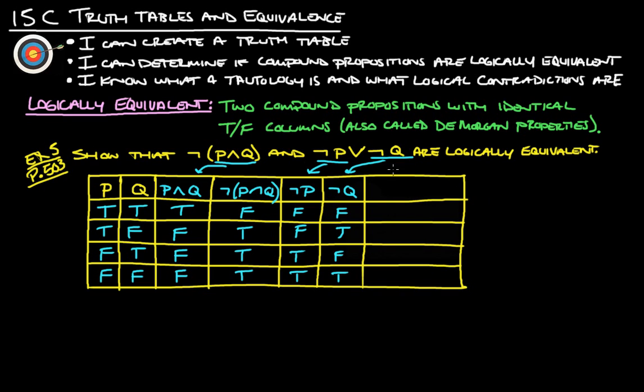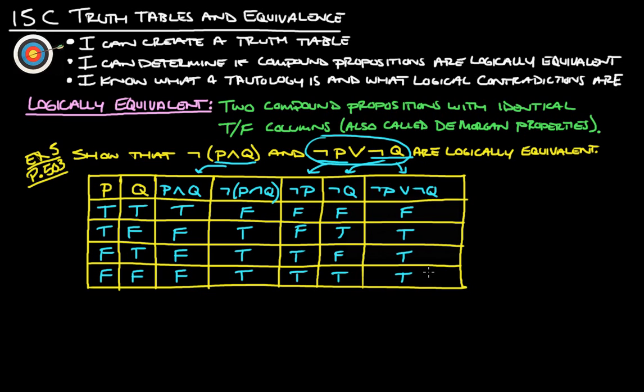Then this last one is going to be this whole big idea: not P or not Q. Again, and means they both have to be true, or means either one has to be true. So neither of those are true, so that would be false. One of those is true, so we're true. One of those is true, so we're true, and both of those are true, so we are true.